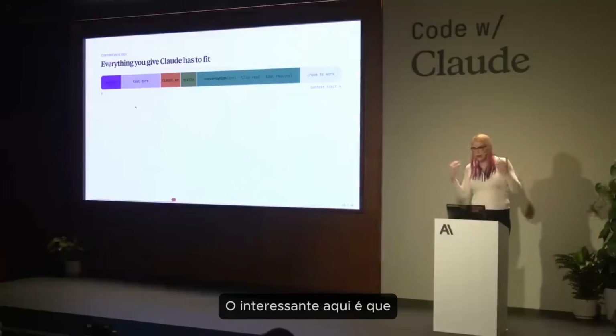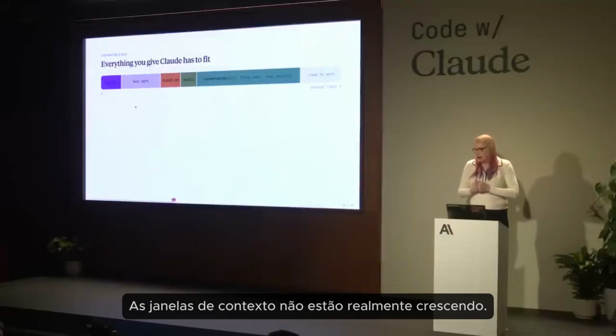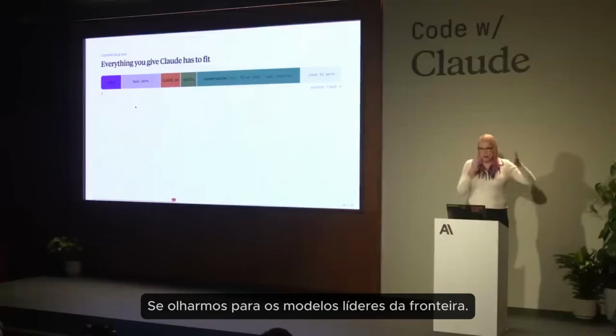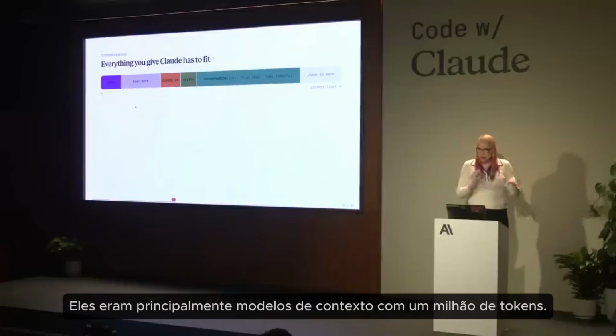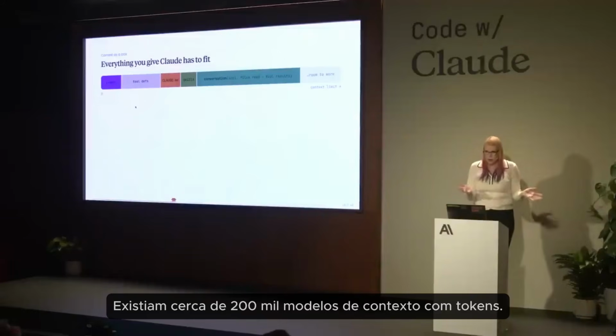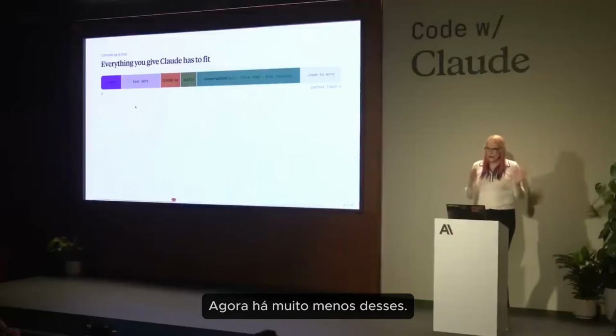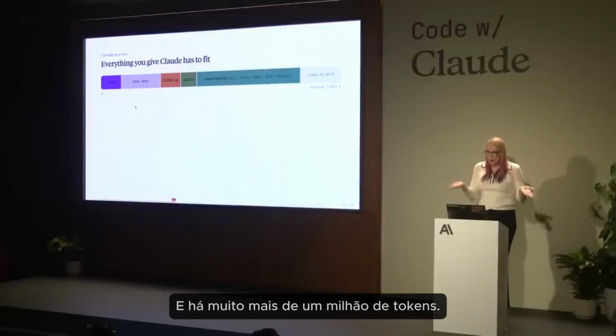Interesting thing here is that context windows aren't really growing. If you look at the leading frontier models from a year ago, they were mostly 1 million token context models. There were some 200,000 token context models, and there's a lot fewer of those now, and there's a lot more of the million token.